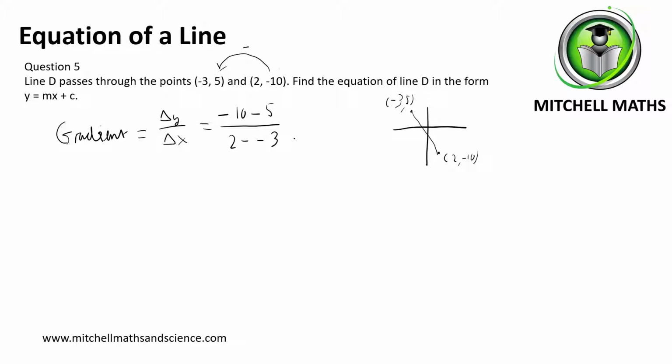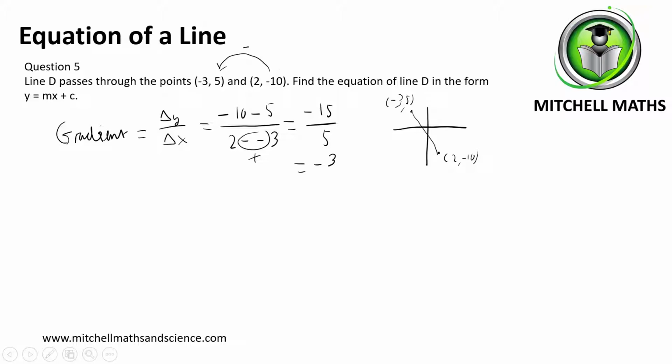That's a double negative. Minus 10 minus 5 is minus 15, and my change in x is 2 minus minus 3, which is a plus because it's a double negative, so 5. Therefore, my gradient is minus 3.